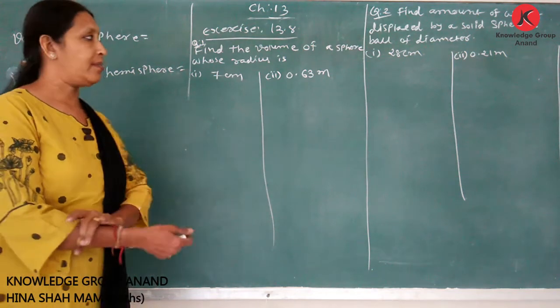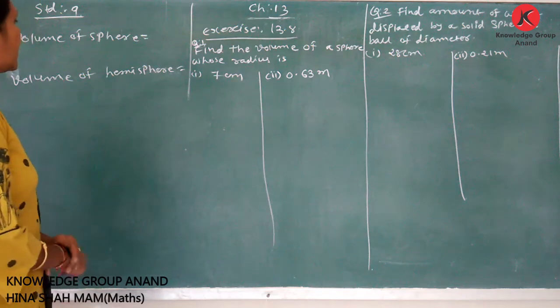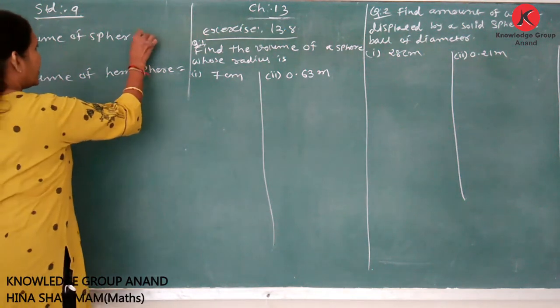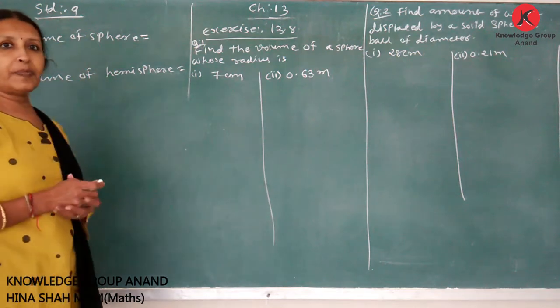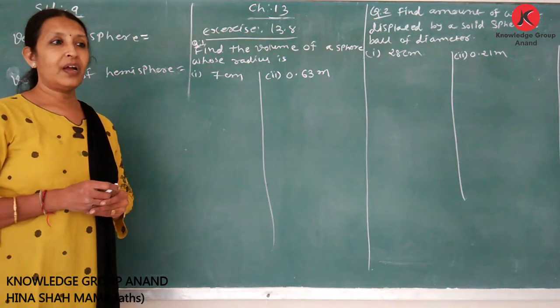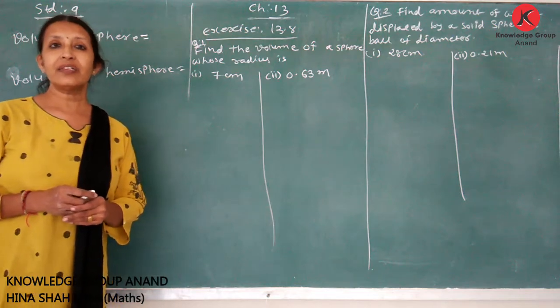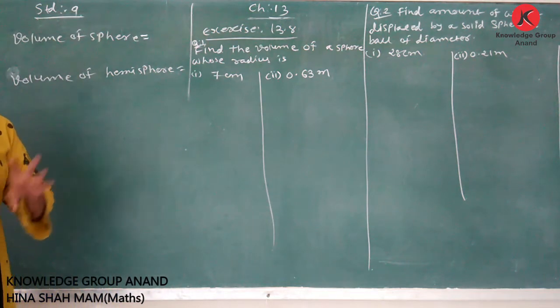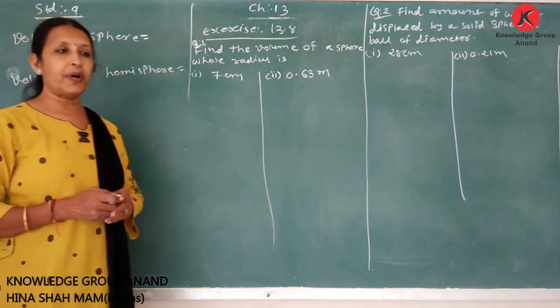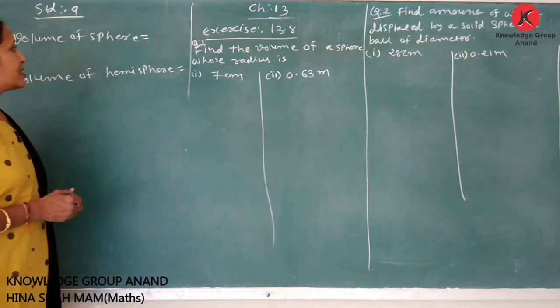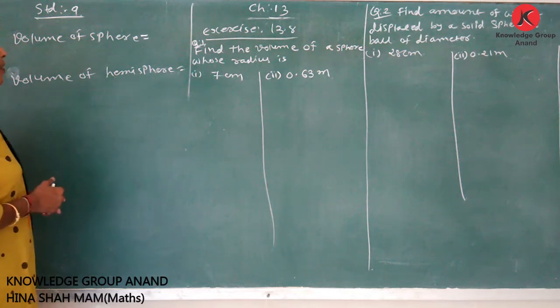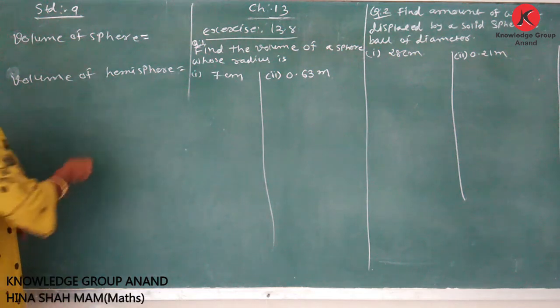Volume of hemisphere here. Now, volume of sphere. What is its formula? Which shape is called spherical shape? As for example, volleyball, football, cricket ball. It's in the form of spherical.